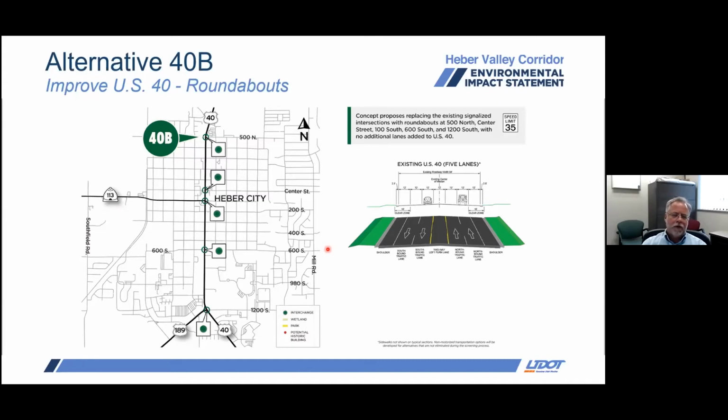This particular alternative does that by adding roundabouts to all the signalized intersections, and we're showing each of those with these green dots here on the graphic. With this alternative, we would not be adding any lanes to US 40, except we do expect to see that widening at the intersections where these roundabouts are added. But we wouldn't see any widening necessarily on the lanes themselves.